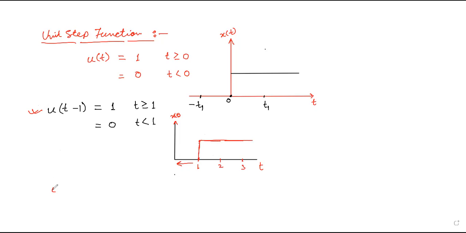If I will tell you to draw the graph of u(t plus 2), so where it is defined, how will be the graph of this function?